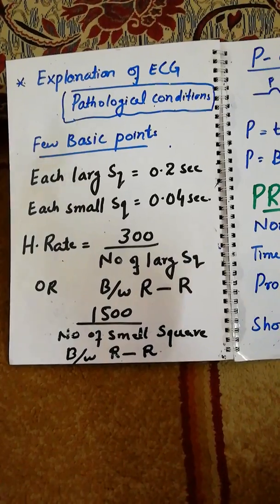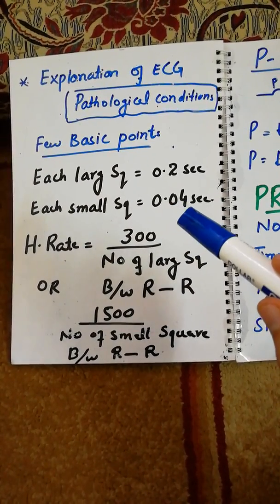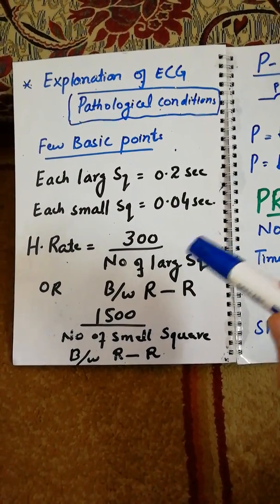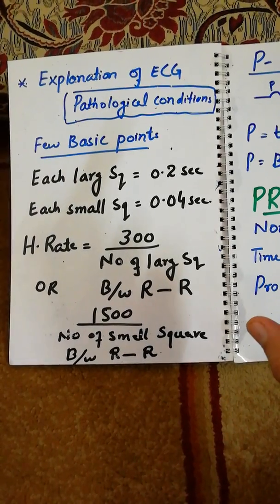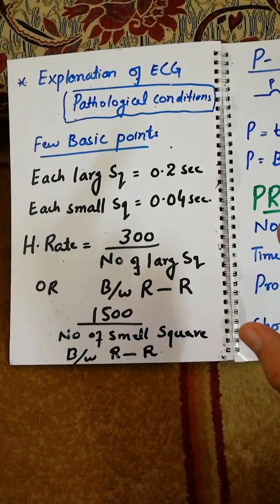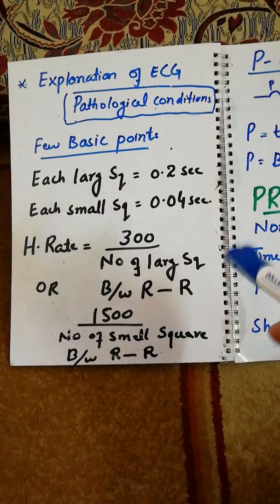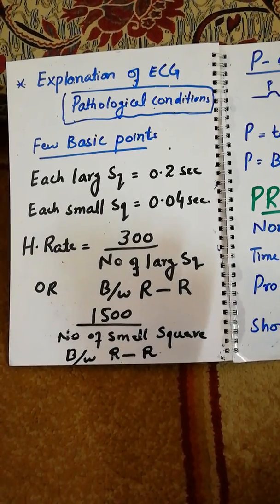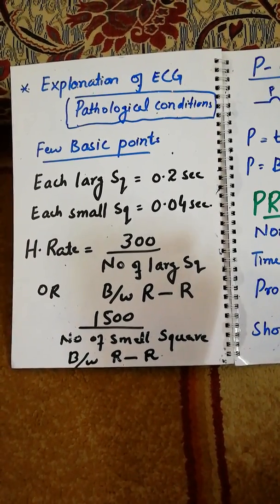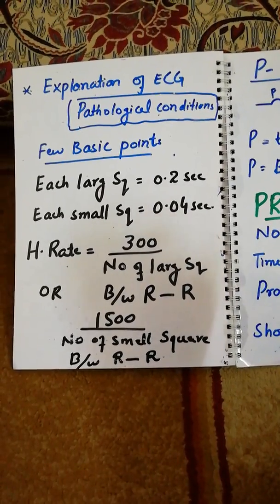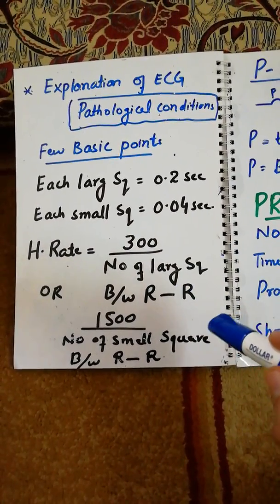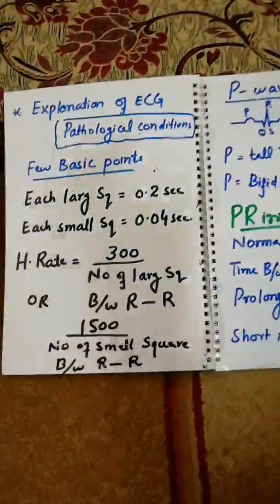If you want to find the heart rate, divide 300 by the number of large squares between R and R. Suppose there are two large squares between two R waves. So divide 300 by 2, so the heart rate will be 150. Or divide 1500 by the number of small squares between two R waves.